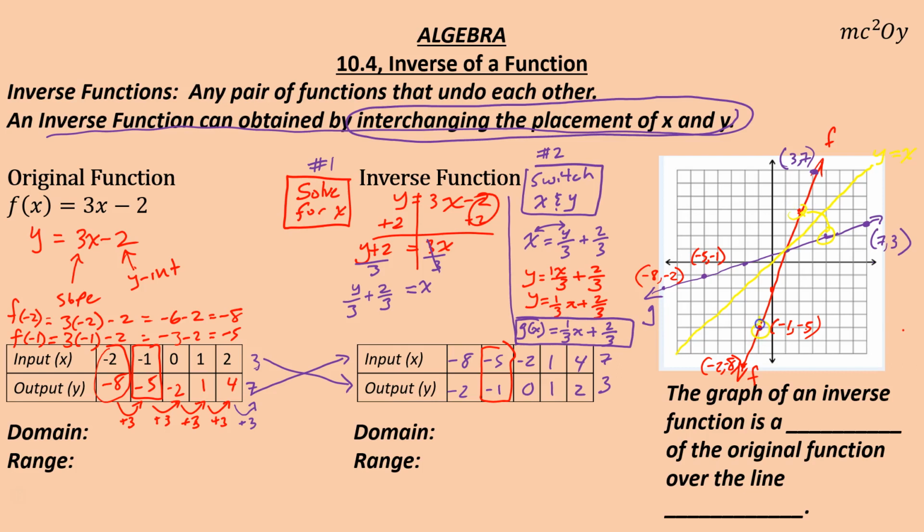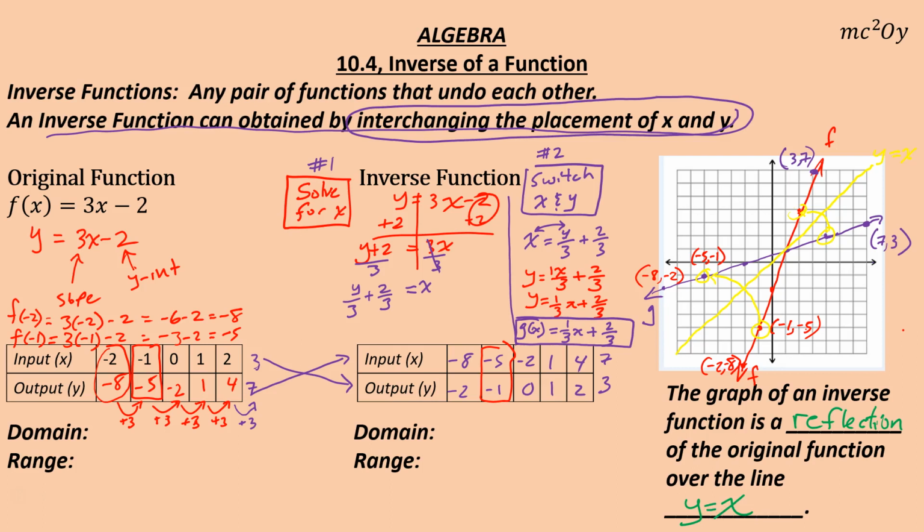This point reflects over that line to that point. They're reflections. Inverses are reflections of each other. The graph of an inverse function is a reflection of the original function over the line y equals x.